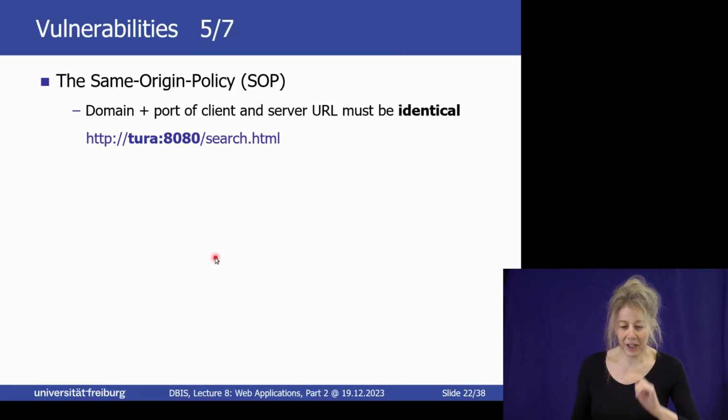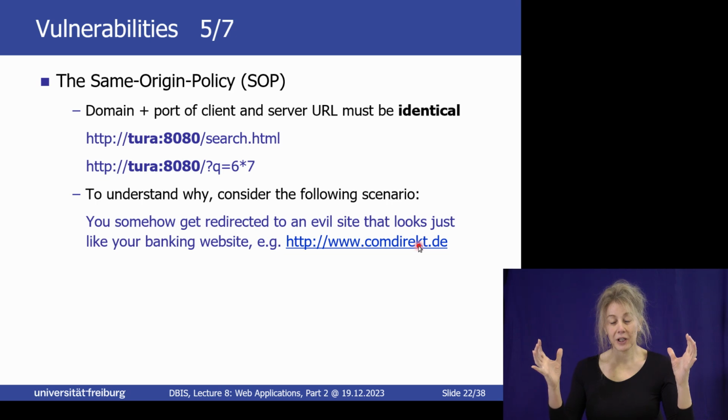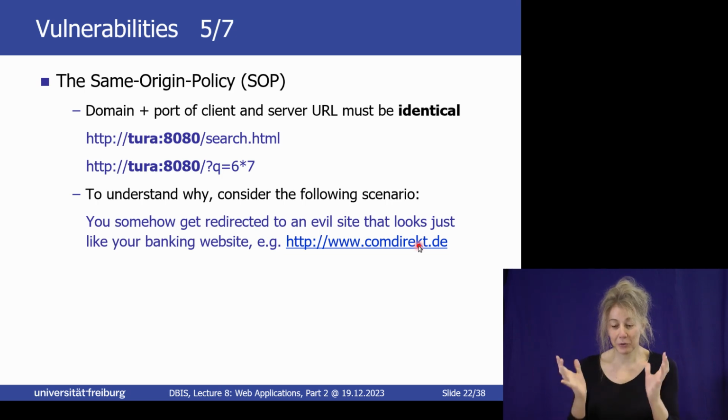And why is that important? Well, a typical way, just assume Comdirect, that's just an online bank, and actually it's not Comdirect, it's Comdirect with a C, right? So that's a wrong name. Now you build Comdirect with a K, people will not notice, and you make it look exactly like the real page.